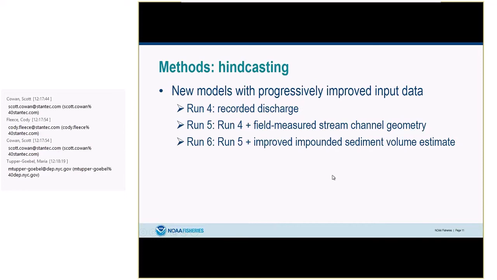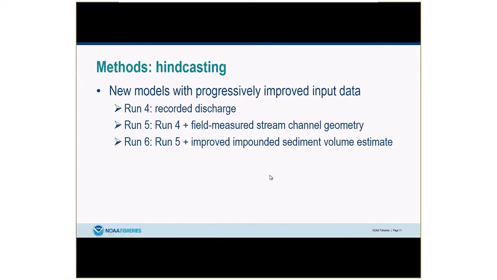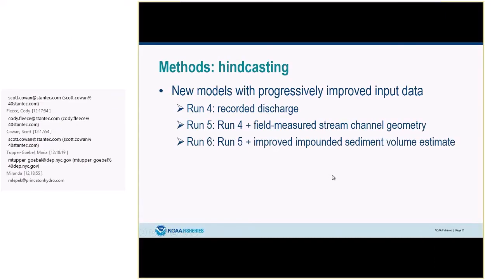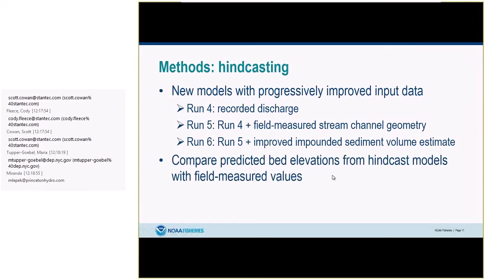But our monitoring studies suggested that the actual stored sediment volume was at the lower end of that range. So run 6 uses that lower value. As with the forecast validations, with these 3 hindcast models, we compare predicted bed elevations with field measured values.